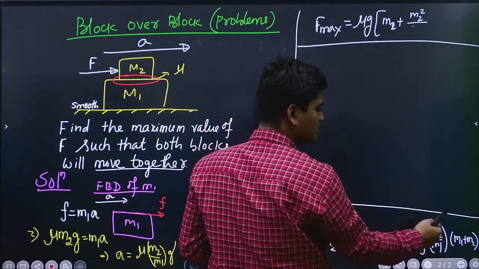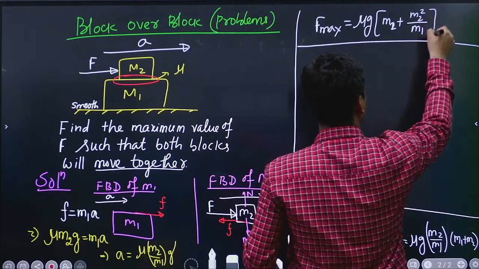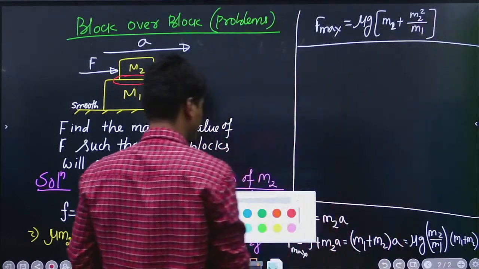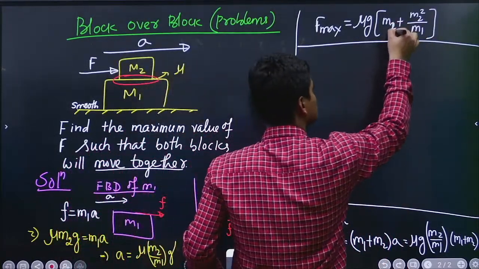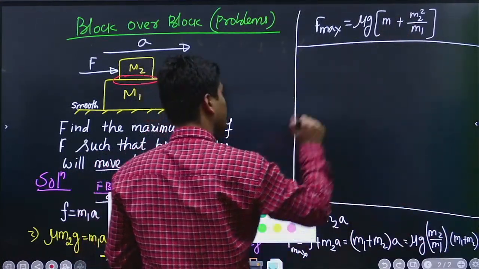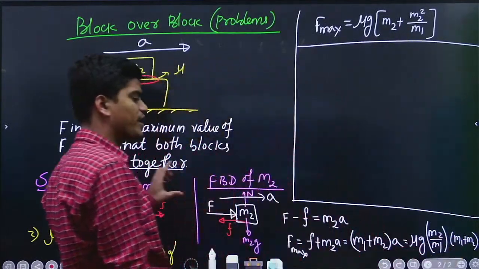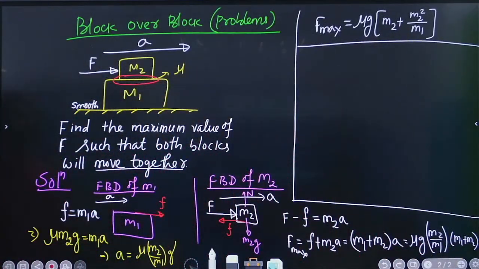See, M1 cancels. M2 plus M2 square by M1. Yes or no? Right, multiply this expression and tell here. So it will be M2. M1 cancels, because when M2 by M1 is multiplied there, then M2 plus M2 square by M1.